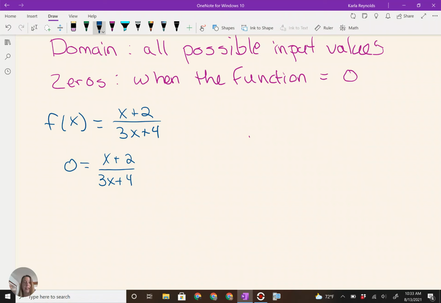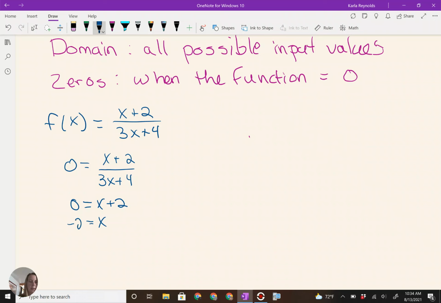It actually is. A fraction can only equal 0 when the numerator, or the top expression, is equal to 0. So in this case, we can ignore the denominator and just think about when x plus 2 equals 0. Well, that's an easy equation to solve.